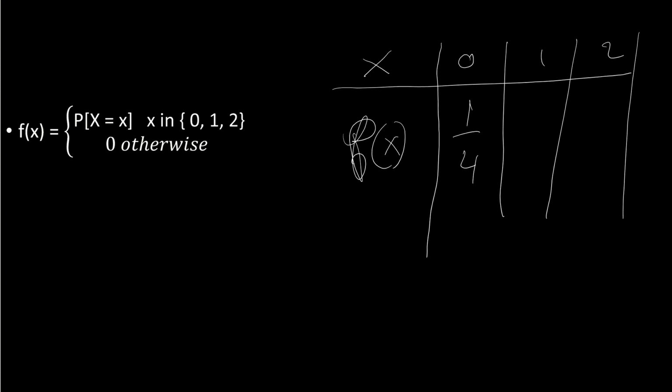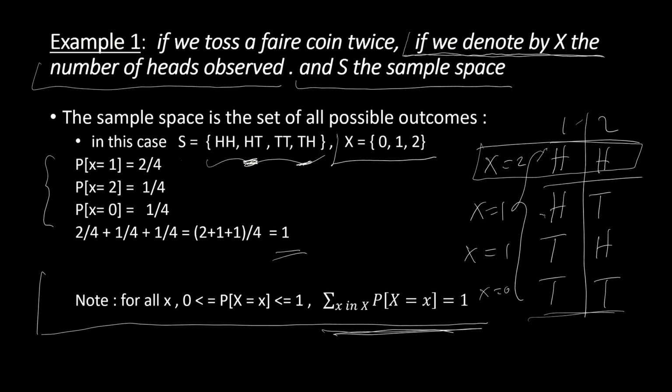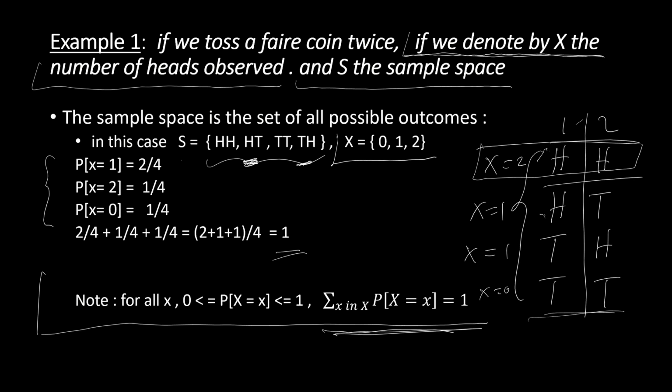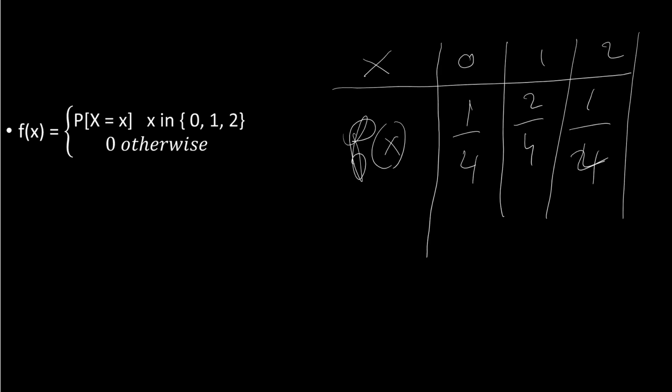The probability of getting 1 head, let me check the table. Yeah, the probability of getting 1 head is 2 over 4, and the rest are 1 over 4. So 2 over 4 and 1 over 4, right? So this is the probability distribution, the table of probabilities, right?